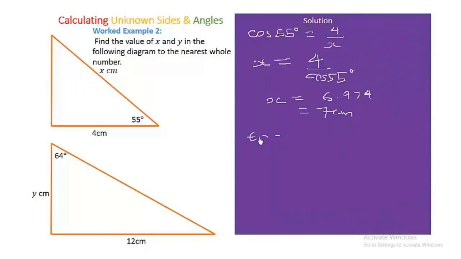So tan 64 degrees will be equal to opposite, which is 12 centimeters, over y centimeters. So we make y the subject. y will now be equal to 12 over tan 64.